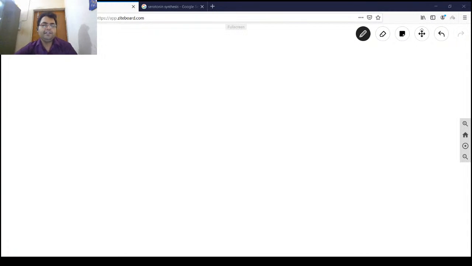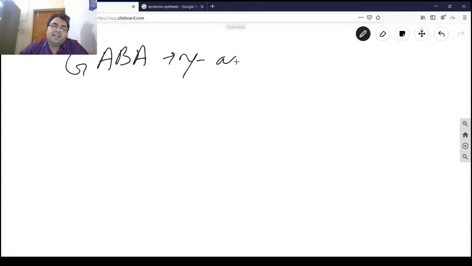After serotonin, we have a specific neurotransmitter which is an amino acid, known by the name gamma aminobutyric acid. I told you about GABA in the last class.